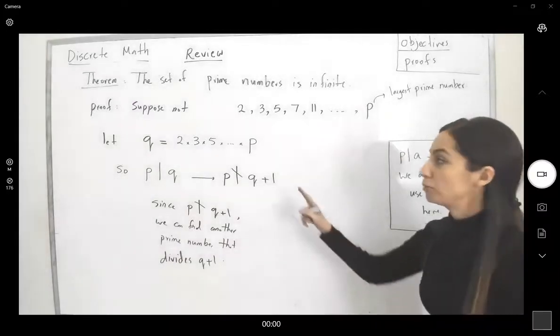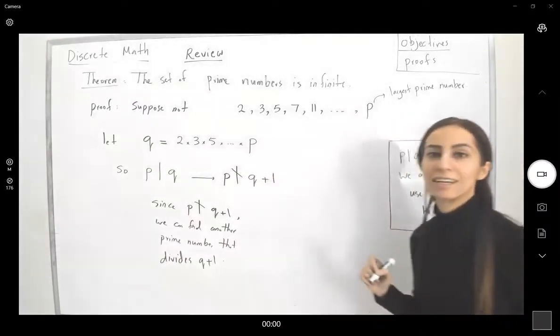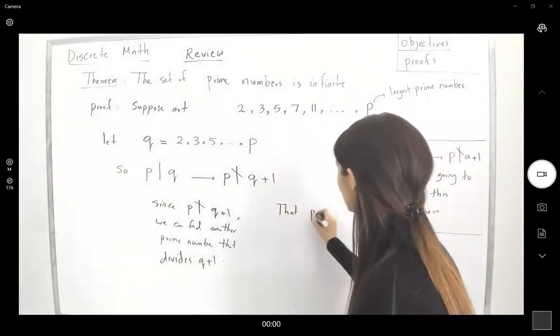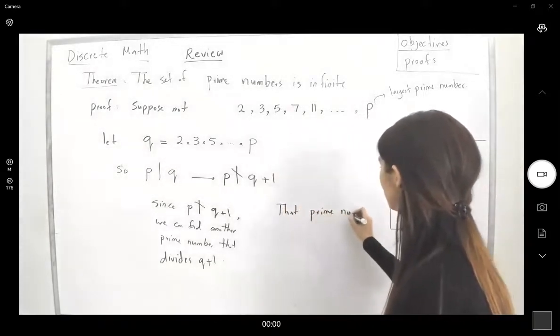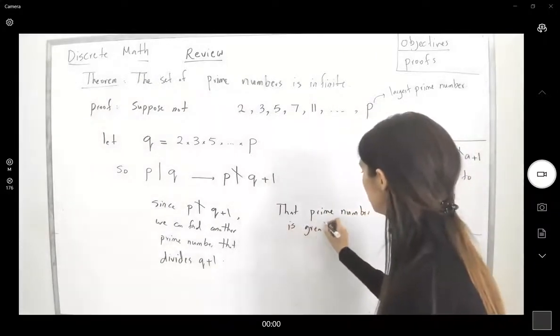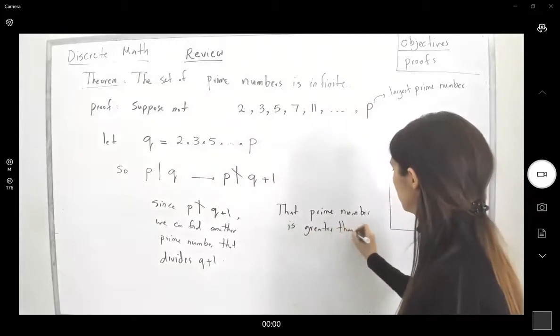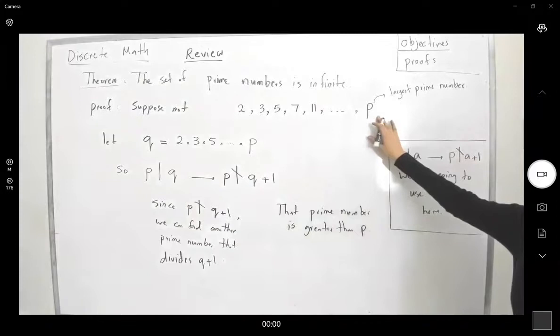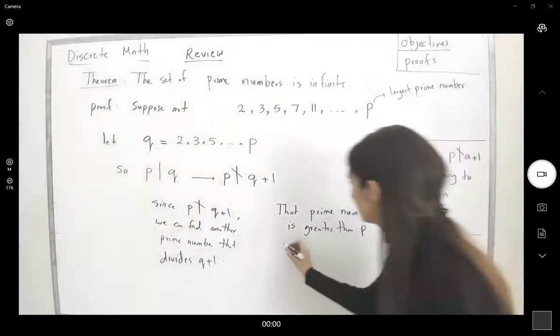And that prime number is greater than p. But we assumed that p is the largest prime number that we have. It stops somewhere. So there's a contradiction.